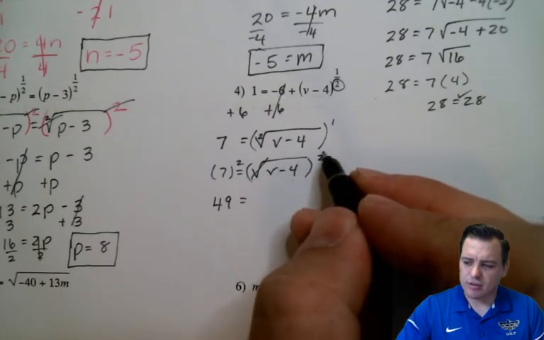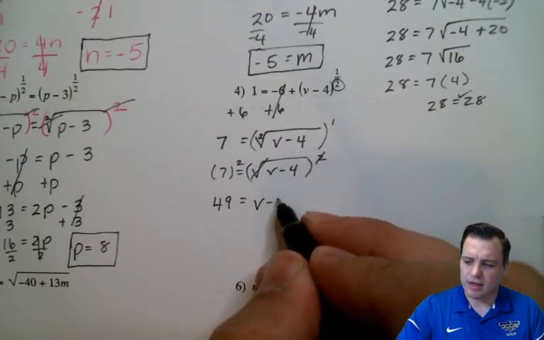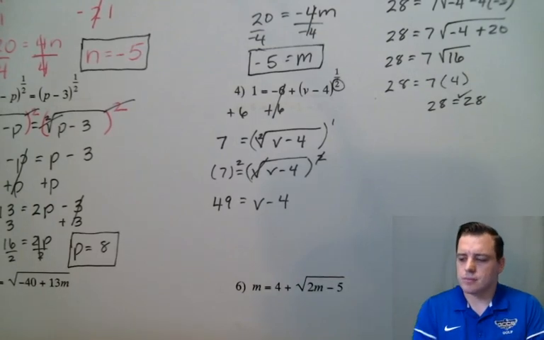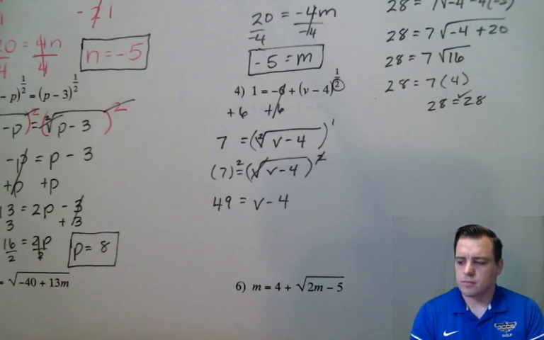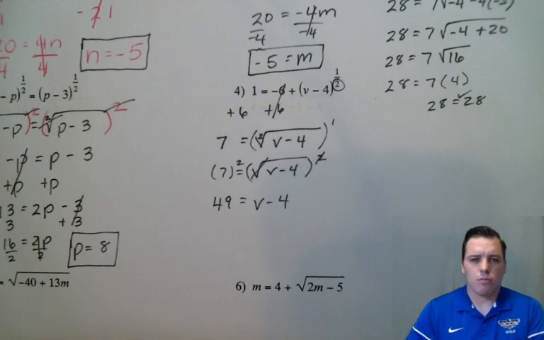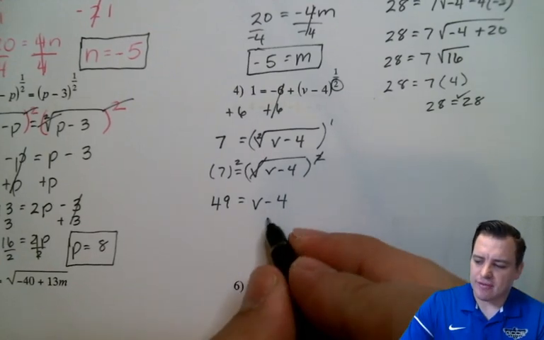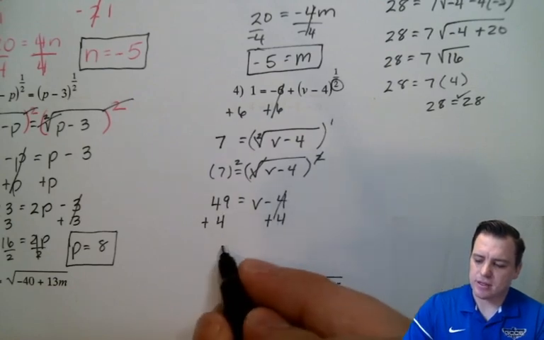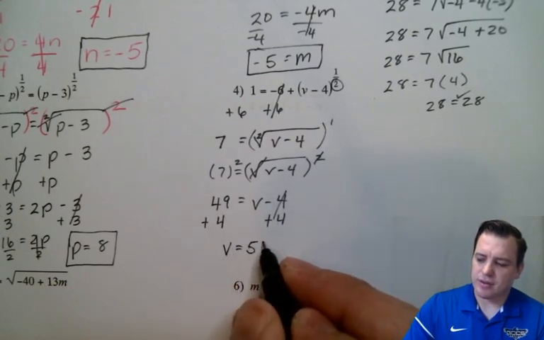And then the square root and the square cancel, leaving me v minus 4. I then just add 4 to both sides. Cancels. V is equal to 53.